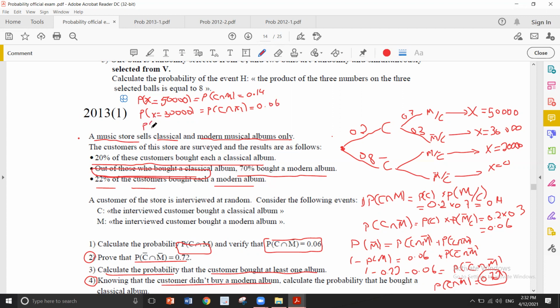Probability that X equals 0 equals the probability of C bar intersection M bar, which is 0.72.